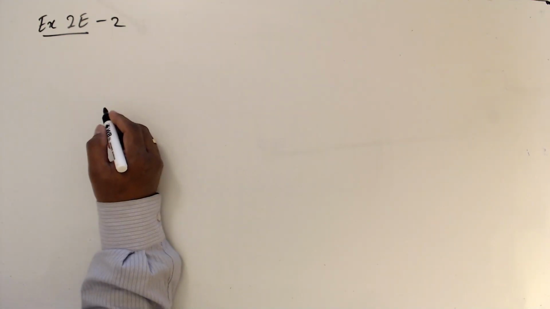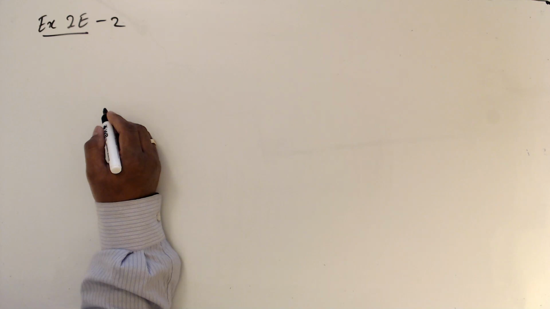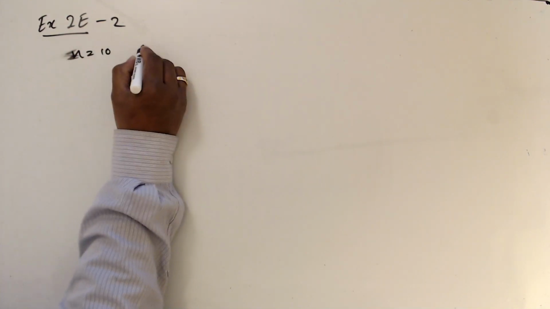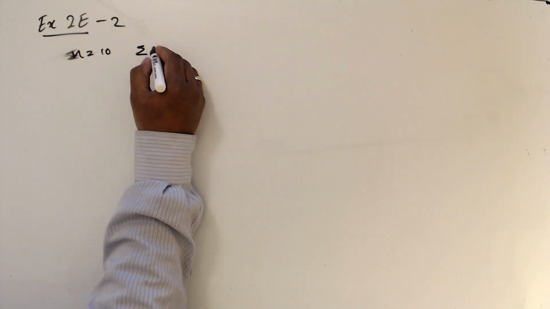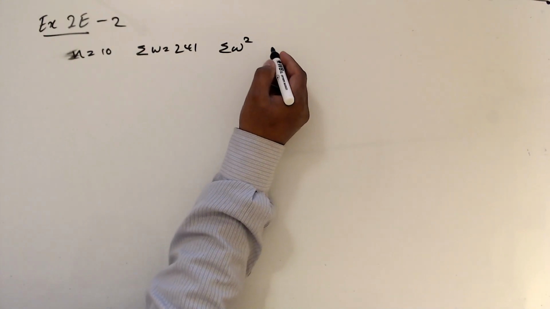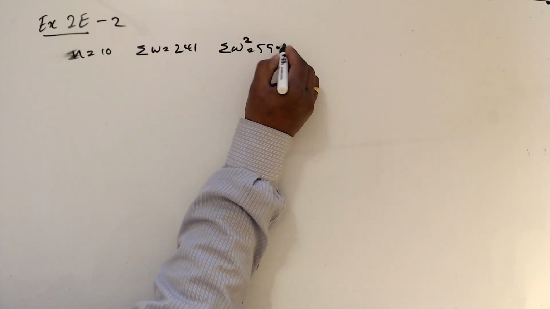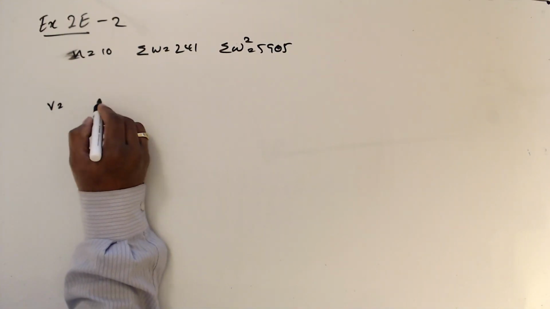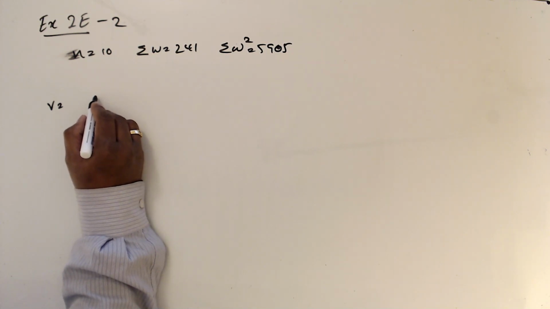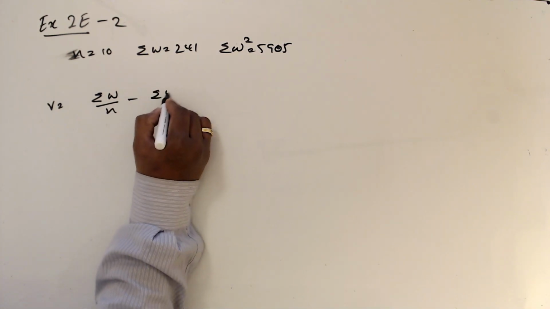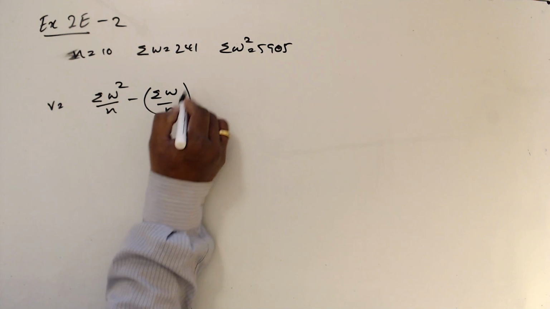Question number 2. 10 dogs are weighed. The summary data for the weight is n equal 10, summation w is 241, summation w square is 5905, and variance is summation w square over n minus summation w over n square.